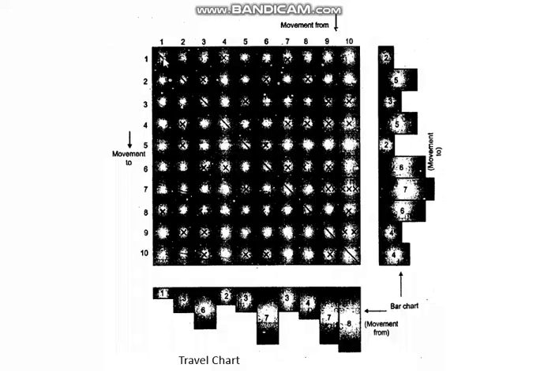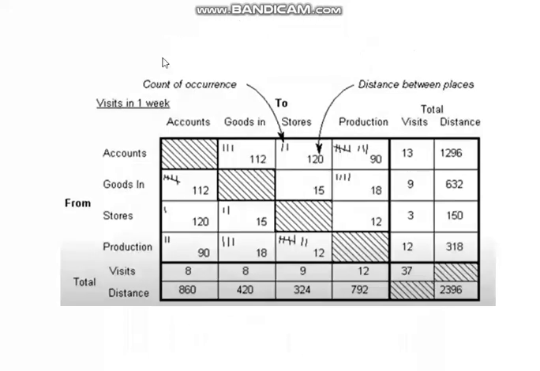I will show you another diagram here, which is a little more clear. They have accounts department, goods in department, stores department, production department. 4 are there. Here numbers are given, and there the department names are given directly.